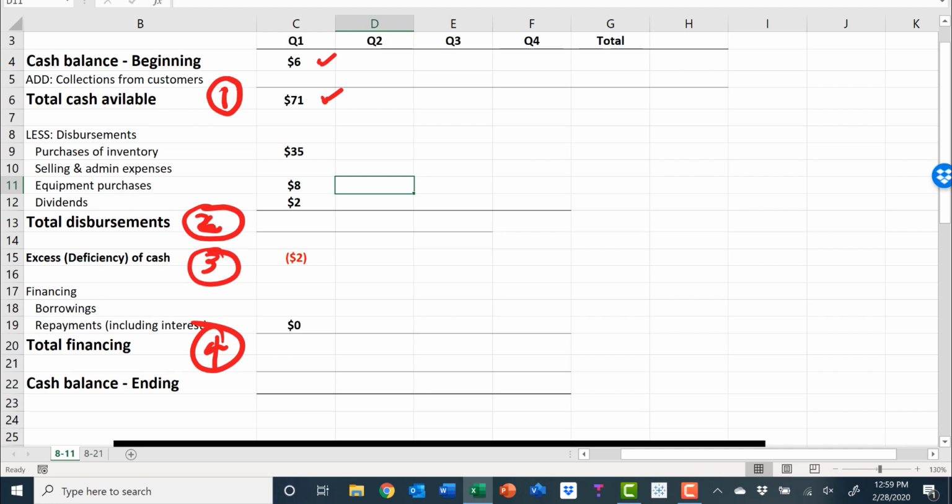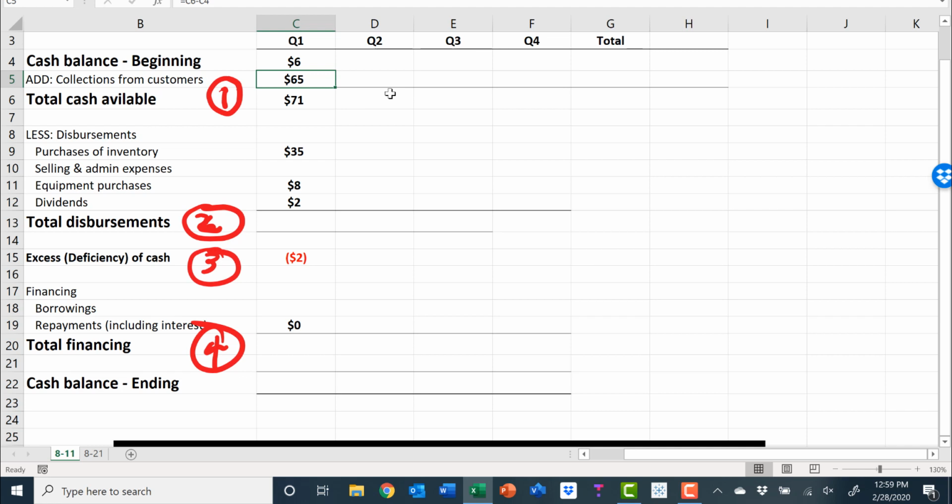So you're trying to solve that one right there. That has to be 65. Why? Because we ended up with 71, and we started with 6. So we have to have added 65 during the period.